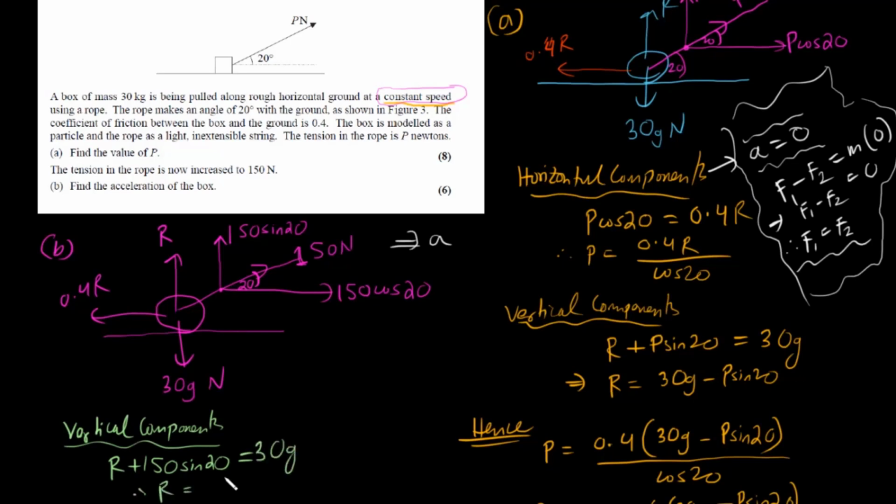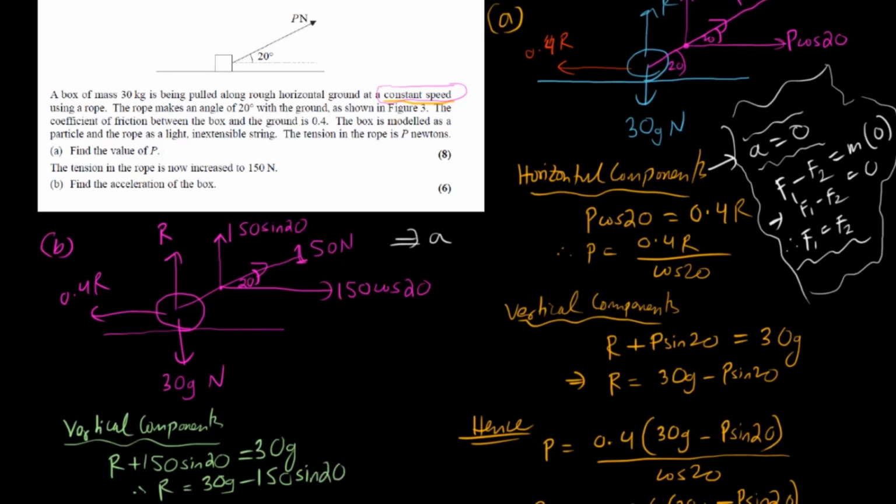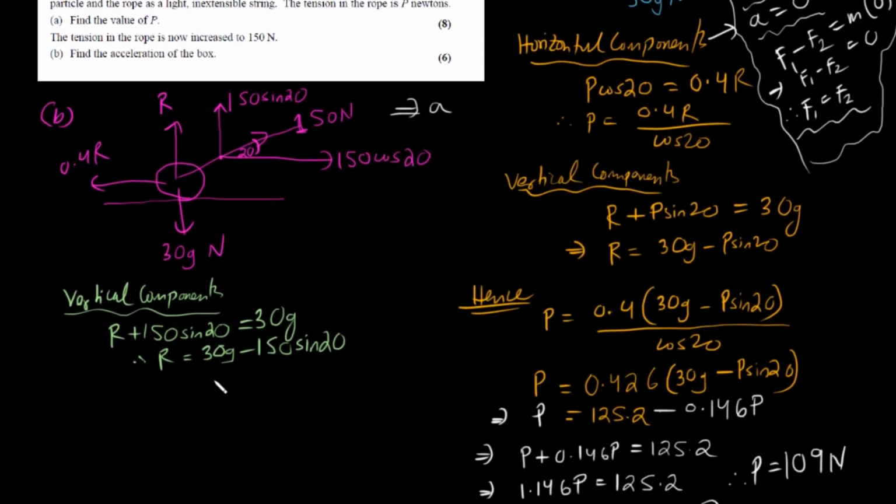Then the reaction force is going to be 30g minus 150 sin 20. So this is 242.7 Newton.